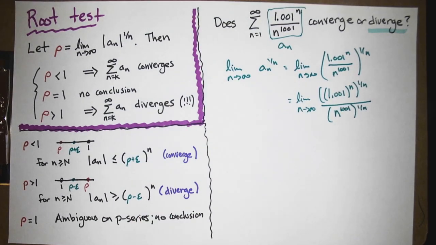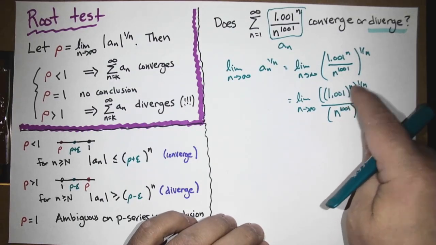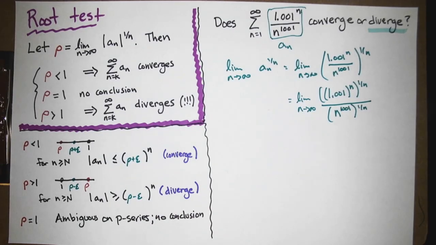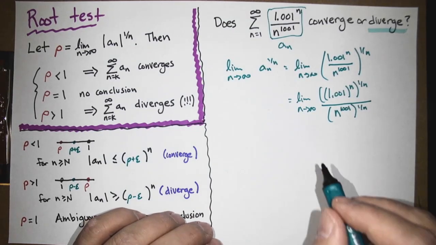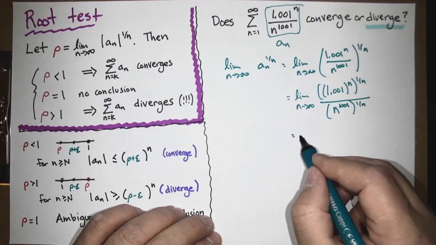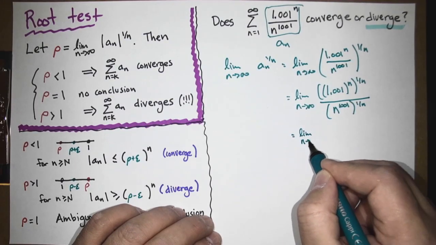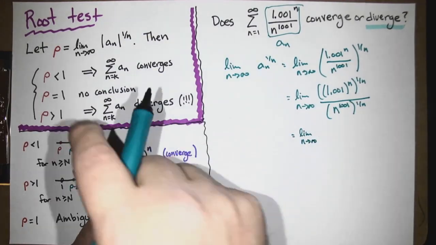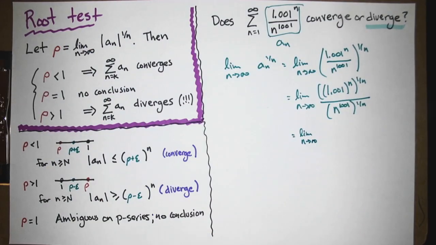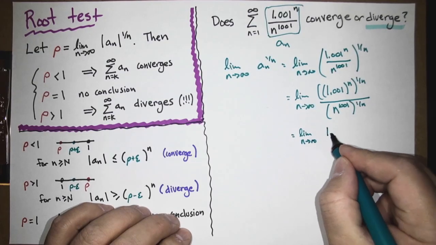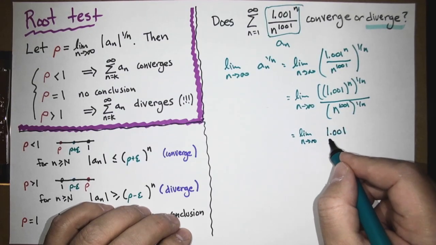What happens upstairs? To take something to the nth, to the 1 over nth, what's that going to be the same as? 1. And spoiler alert, root test is going to be your go-to test for a lot of situations, but if you see lots of things to the nth power, you should be thinking root test. So upstairs you have 1.001.